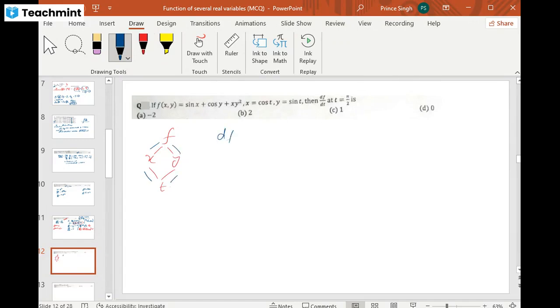What is df upon dt? It is curly f upon curly x times dx upon dt, plus curly f upon curly y times dy upon dt. But we need its value at t equal to pi by 2, which means we need to calculate these values at t equal to pi by 2.